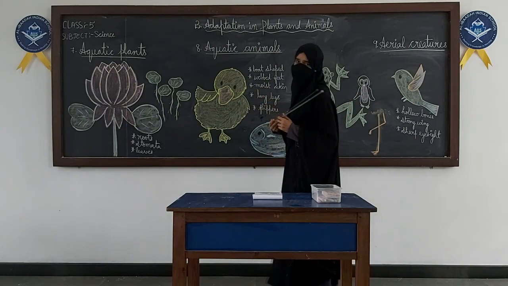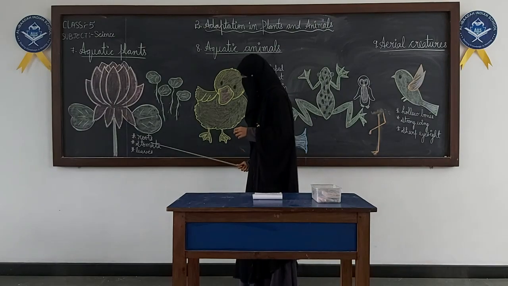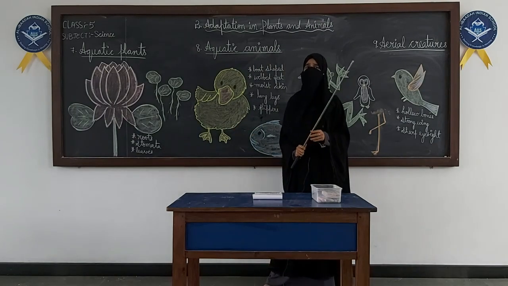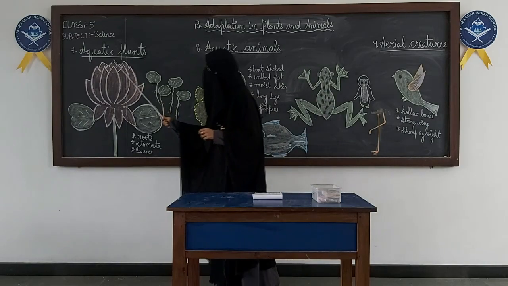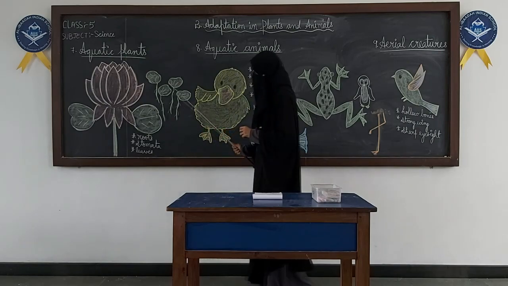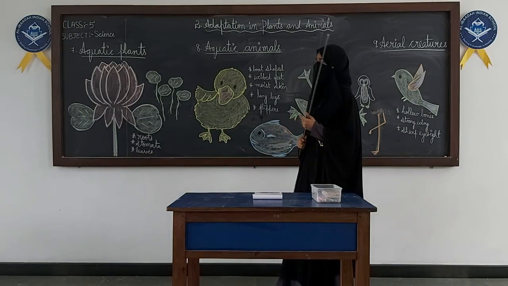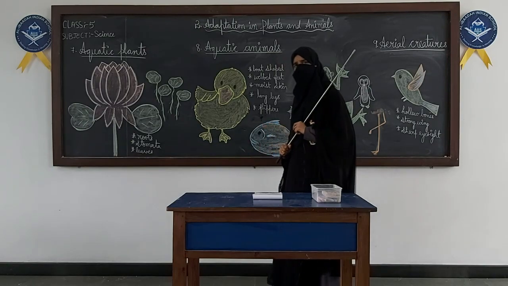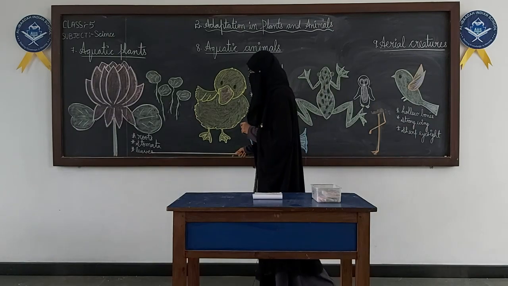And stomata. As we have all studied, stomata are present inside the leaves, but in aquatic plants the stomata are present outside of the leaves. Do you know why? Let us discuss it later.